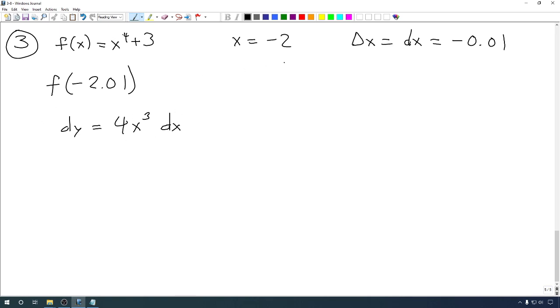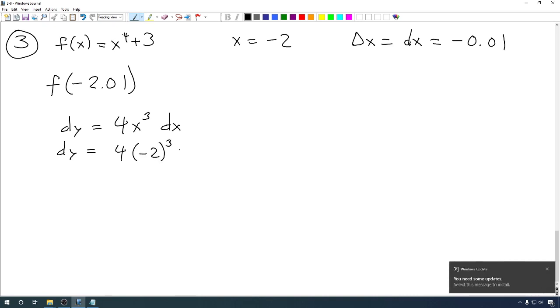Now we're going to use the numbers that were given to us. We have x is negative 2, dx is negative 0.01. So dy for this particular case is 4 times negative 2 cubed, times the dx of negative 0.01.